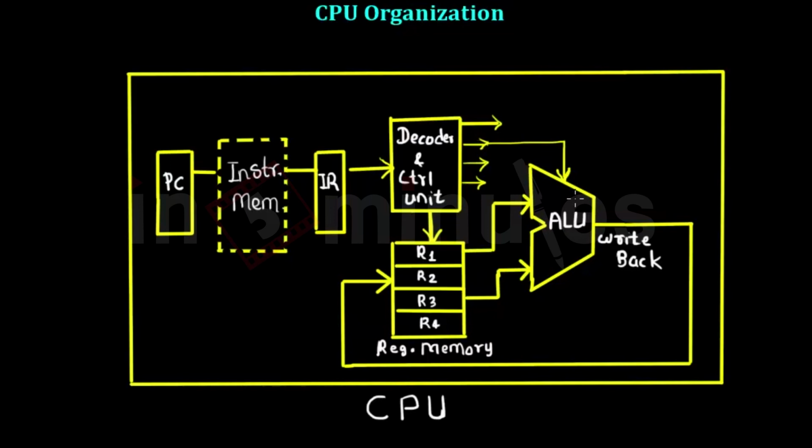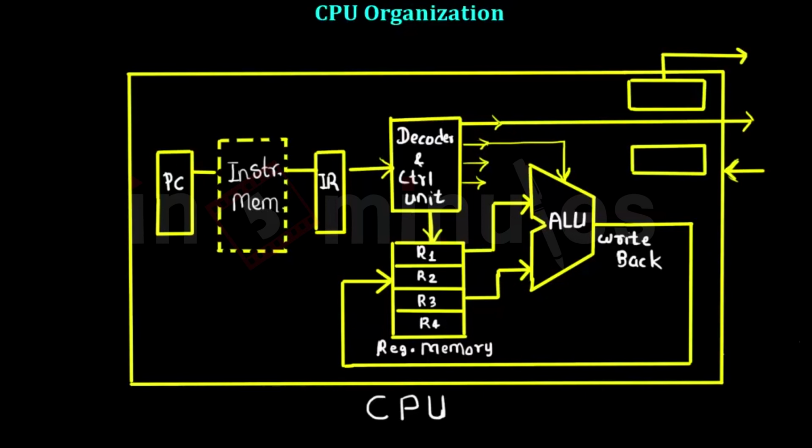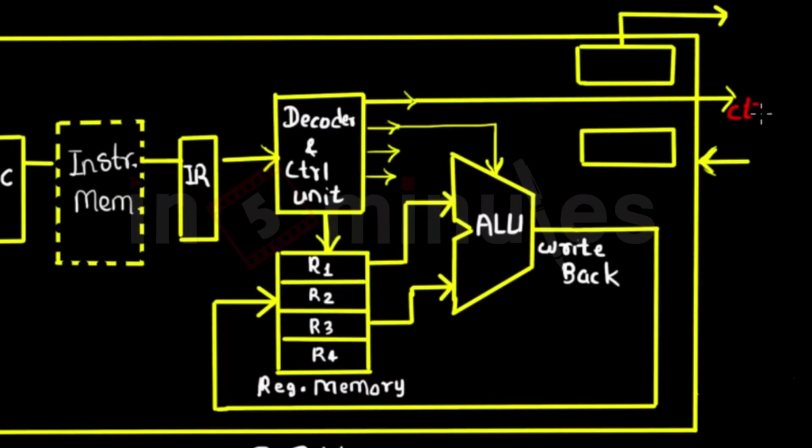So in this organization, we saw the internal register operations. What if we want to access the external memory? To access the external memory, we need to provide certain address and control signals to the external memory. This can be done by the register structure we have seen here. These are nothing but control signals. And this register is called the memory address register, which contains the address of the external memory that is to be fetched, and the other register is used for storing the data that is incoming from the memory.